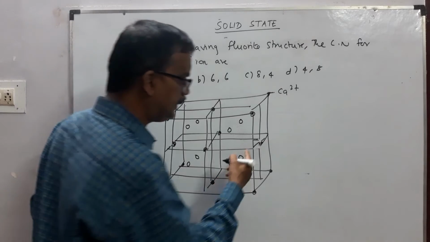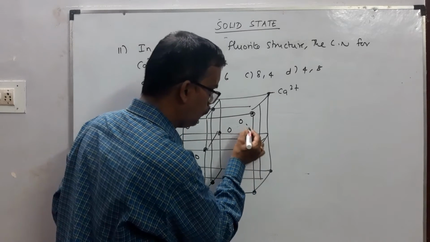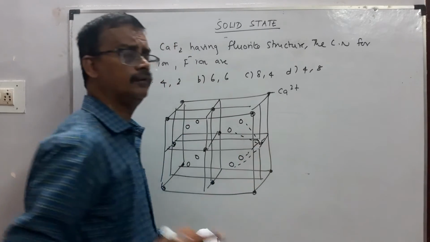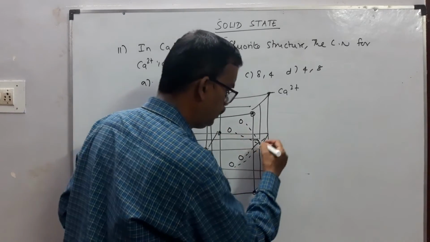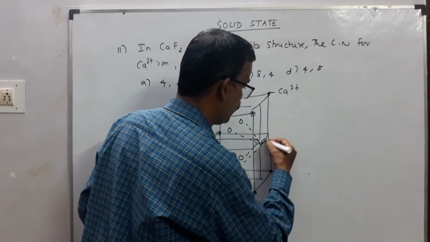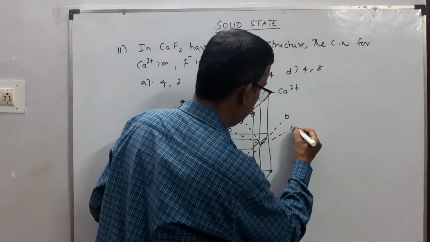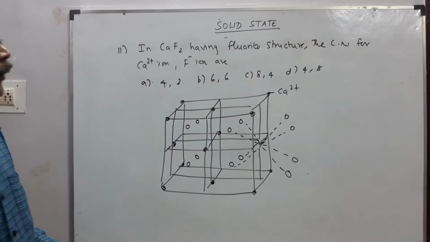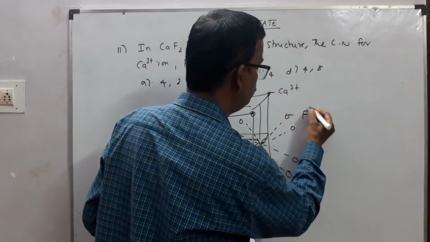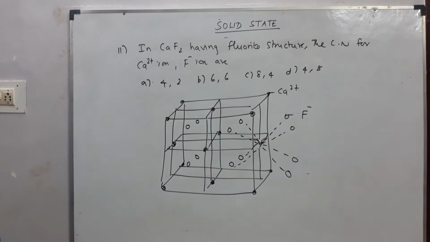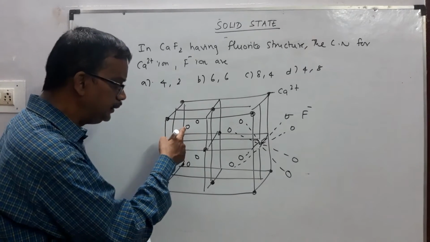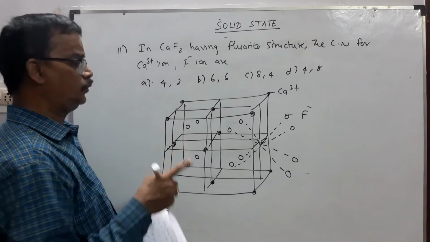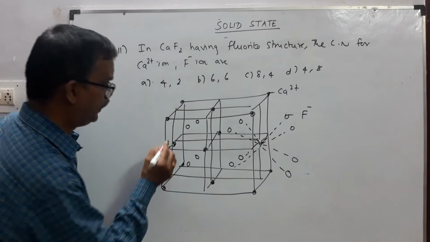Okay. Each calcium ion is coordinated to 8 fluoride ions. Here the fluoride ion of the next unit cell is coordinated to 4 fluoride ions. So each calcium ion is coordinated to 8 fluoride ions. Similarly, each fluoride ion is coordinated to 4 calcium ions.